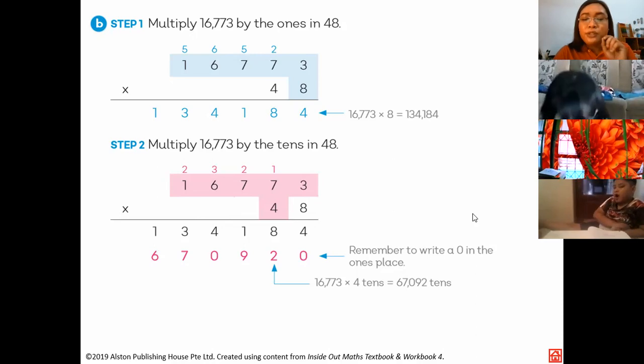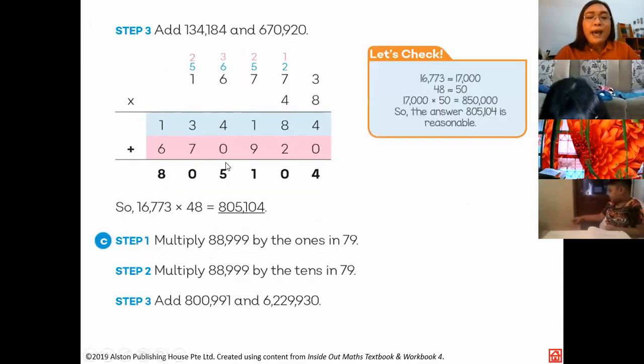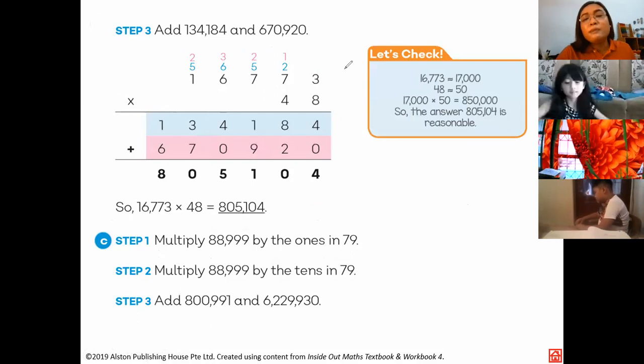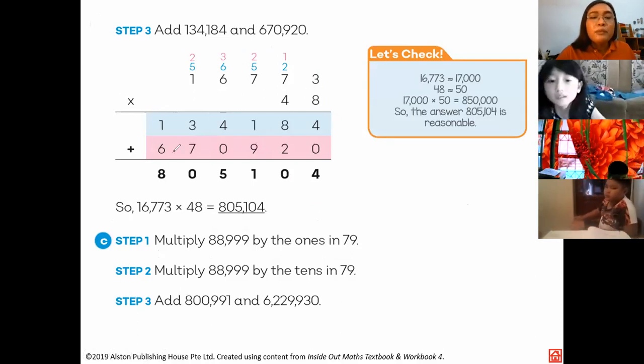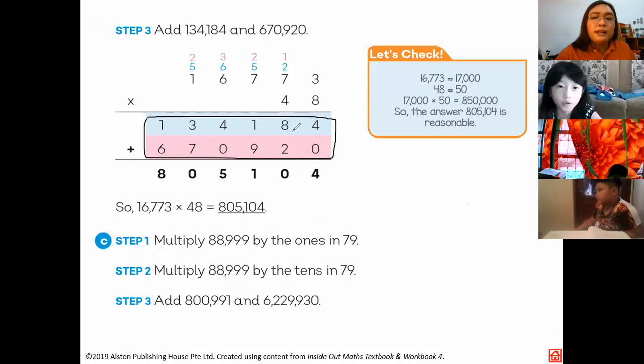Now let's proceed to step number 3. After we multiply 16,773 multiplied by 48, we will add the products.